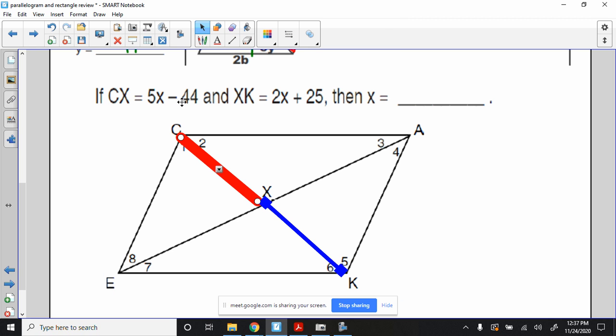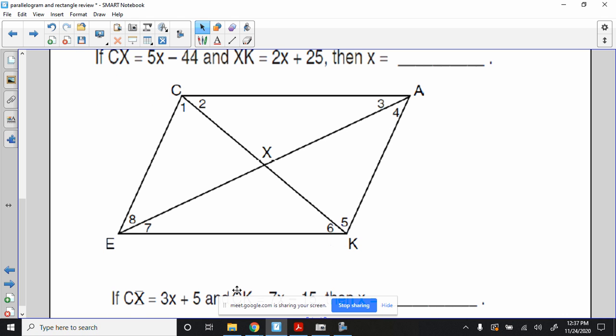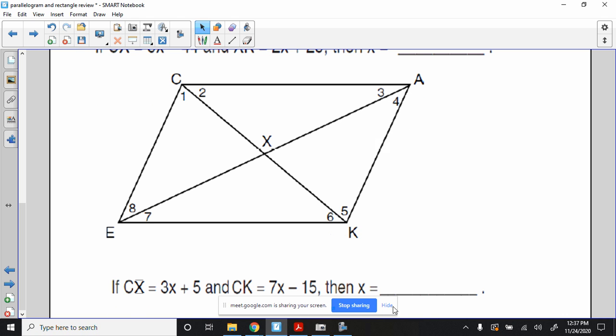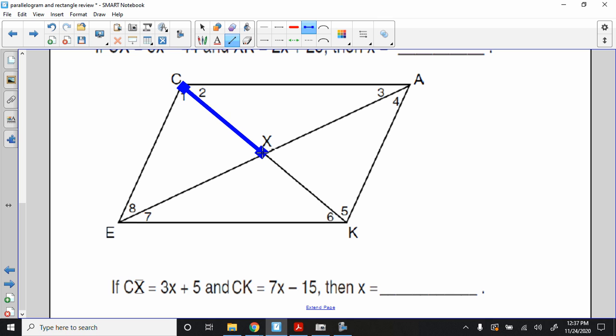So hopefully that's not too bad. But the harder, more challenging one is something like this. This says CX is 3x plus 5. So let's recognize CX. Okay, that's half of that diagonal. Then it says CK. But CK is all of that diagonal.